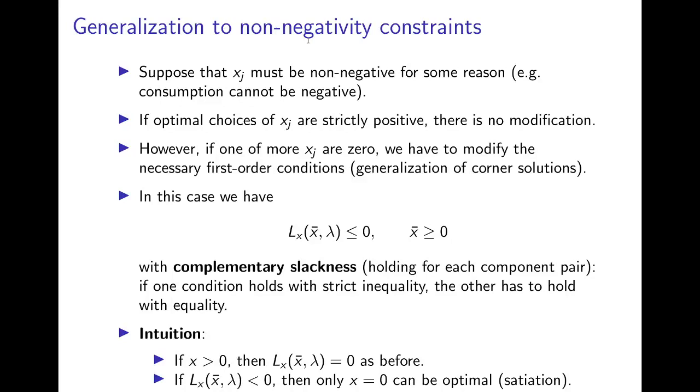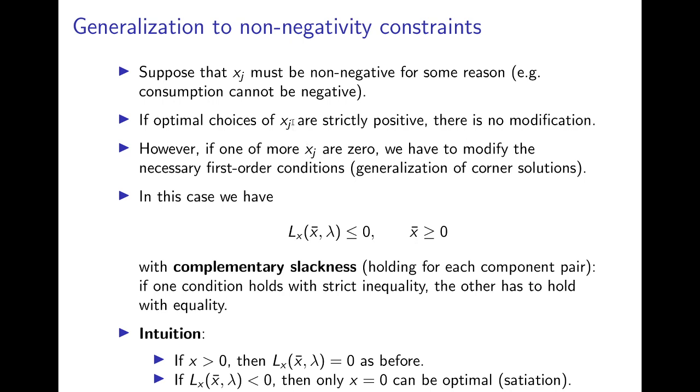Another important generalization is to allow for non-negativity constraints. This could be relevant, for example, if the choice variables must not become negative for some reason. For example, you cannot consume a negative amount of a certain good. Now, this is not relevant if we want to consume positive amounts of this good anyway, then there would be no modification.